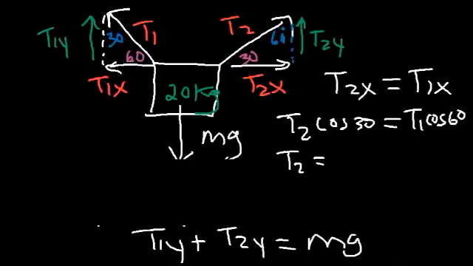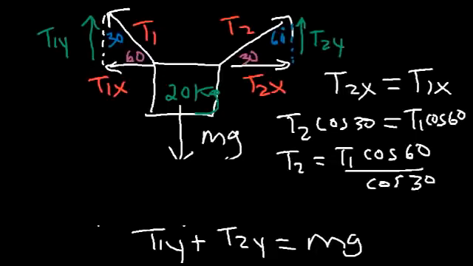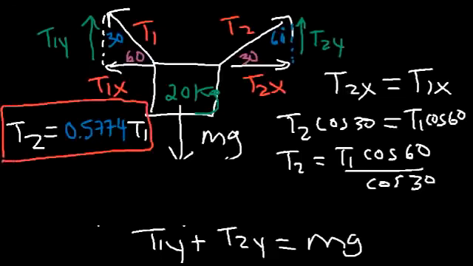If we divide both sides by cosine 30, T2 is T1 cosine 60 divided by cosine 30. Cosine 60 divided by cosine 30 is root 3 over 3, which is 0.5774. So we could say that T2 is equal to 0.5774 T1. So let's save this equation now that we have T2 in terms of T1.